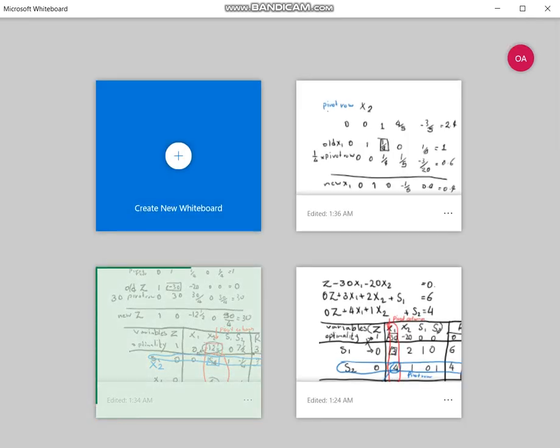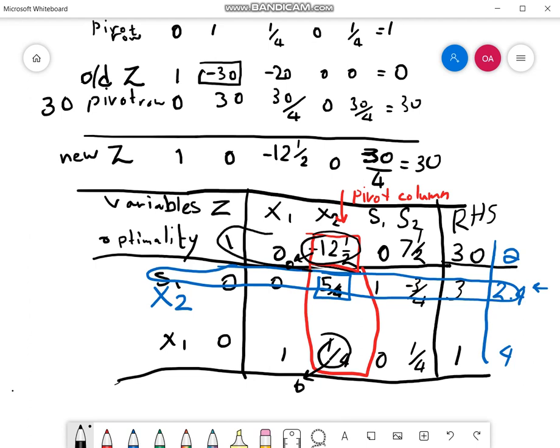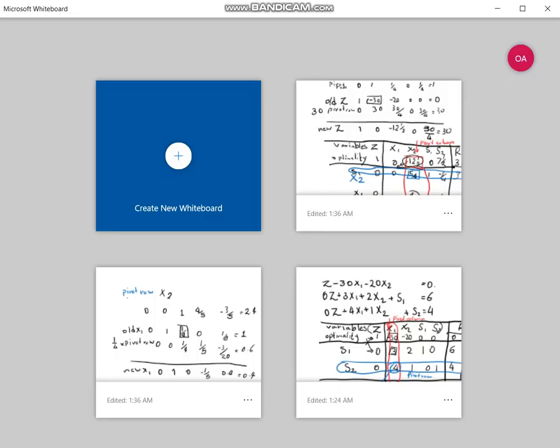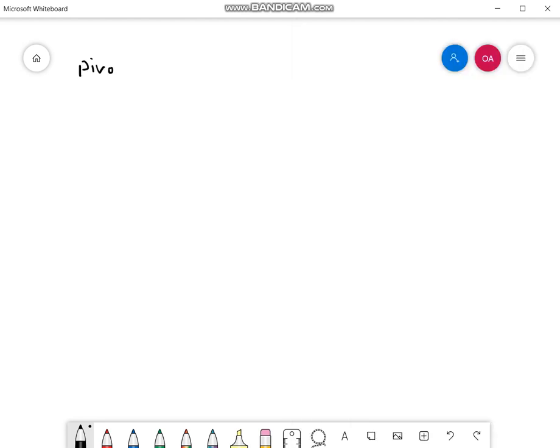Now I want to change z. So I want to change the optimality condition and see if I reach my optimal solution. So here again I will put my pivot row. So this is returned to x2, which is 0, 0, 1, 4/5, minus 3/5, which is equal to 2.4.